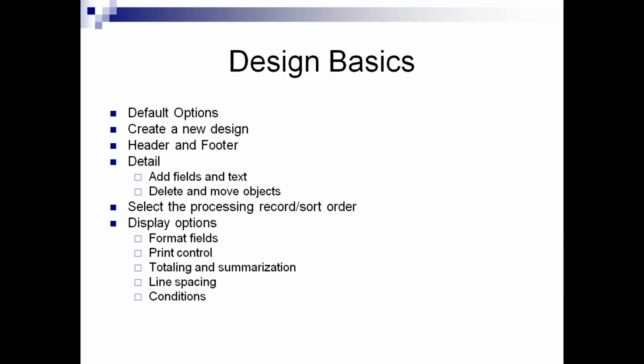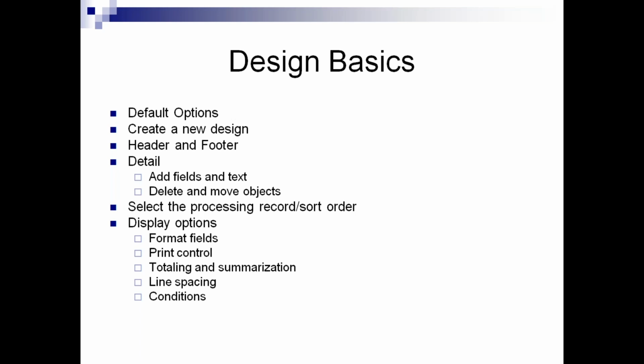All right, design basics. We're going to jump into the software now, and we're going to take a look at quite a few areas. We're going to look at some default options that you have available to you that can be pulled in on all your designs. Then we're going to actually use the setup on page 6.